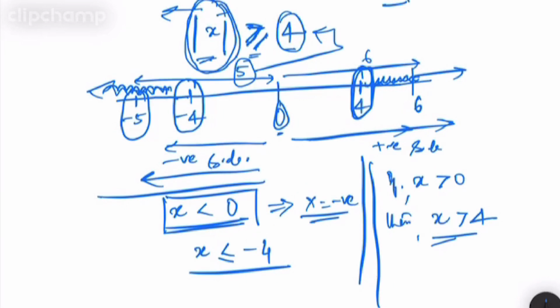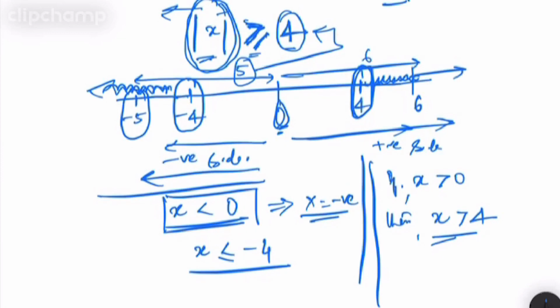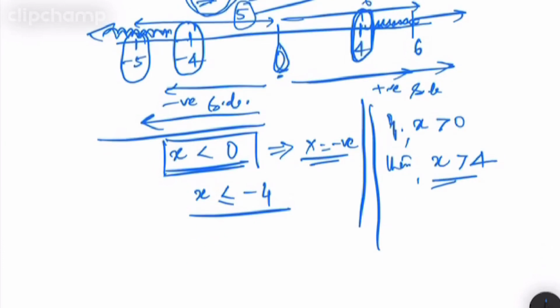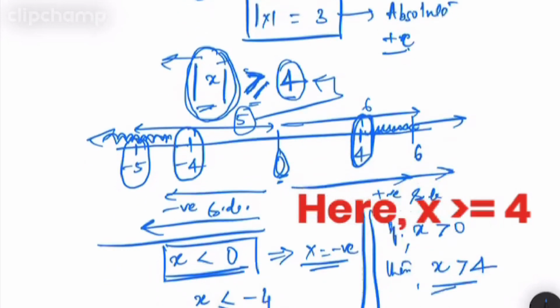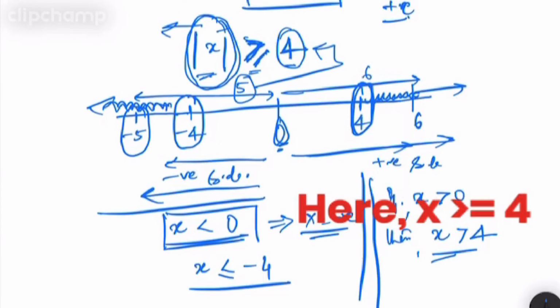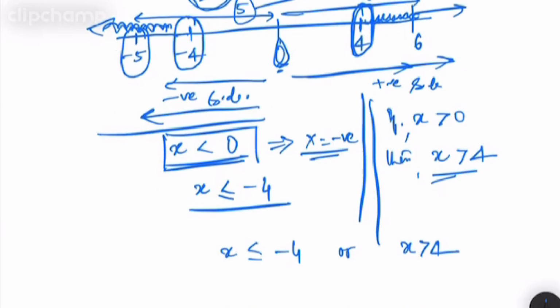That mod of x is greater than or equal to number 4. Therefore, this distance of 6 from number 0 is greater than 4. Therefore, the possible values are: x is either less than or equal to -4 or x is more than 4. So with this concept, we have done the quick recap.